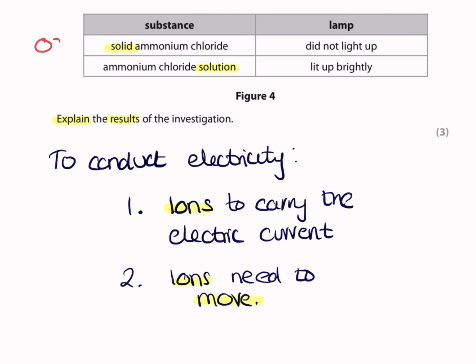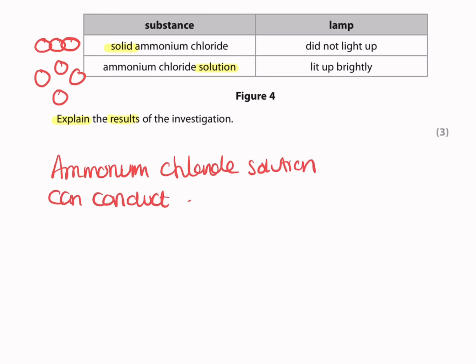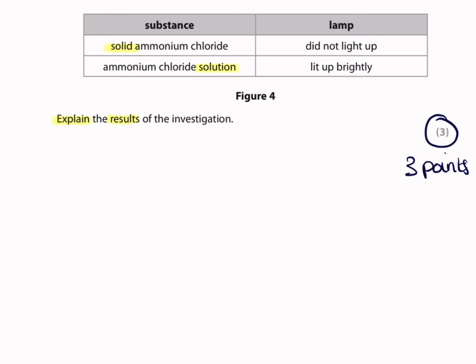Now, whenever I see a question on electricity, I'm writing these 2 points, no matter what the question is asking me, and I'm likely going to hit the marks here. So just to conclude everything that we have said so far: ammonium chloride solution can conduct electricity because the ions are free to move.